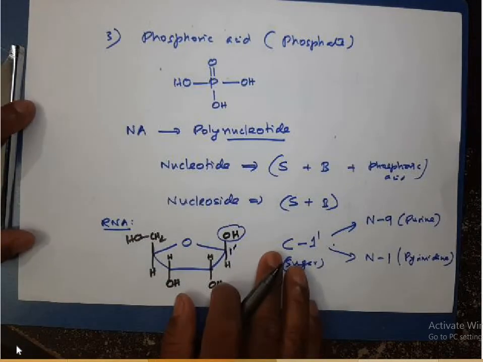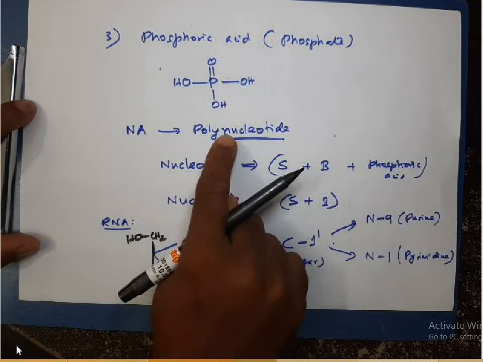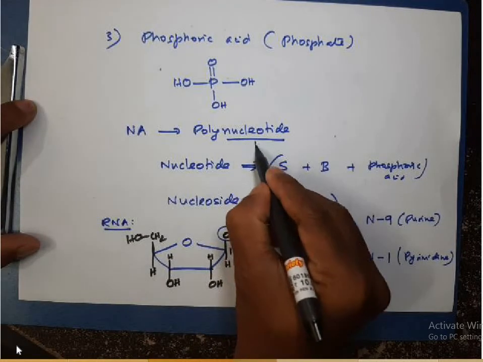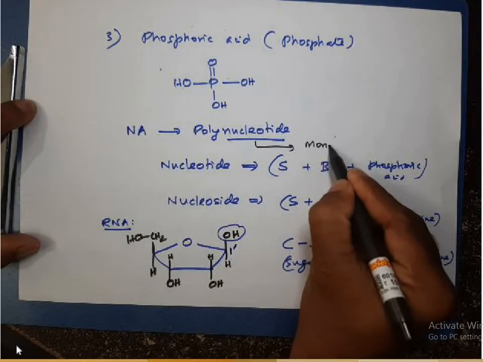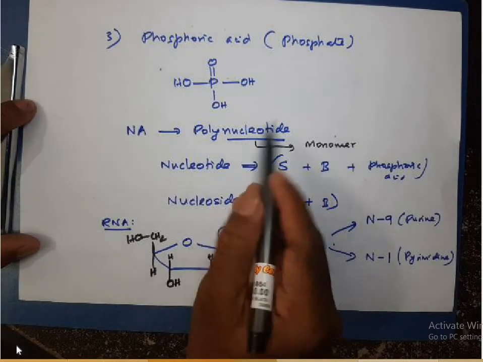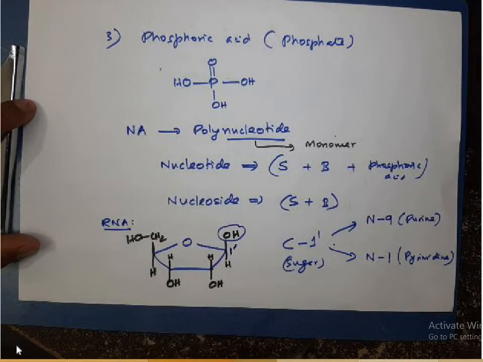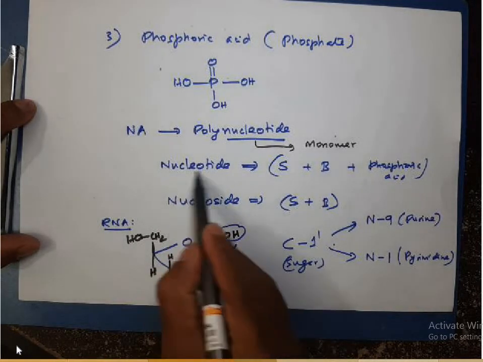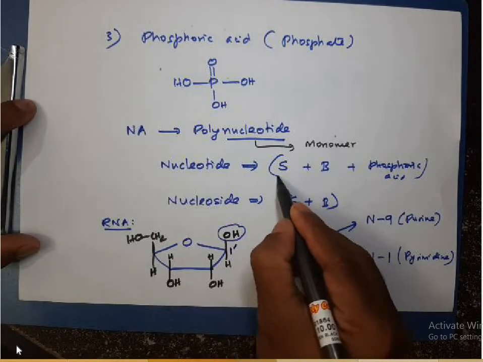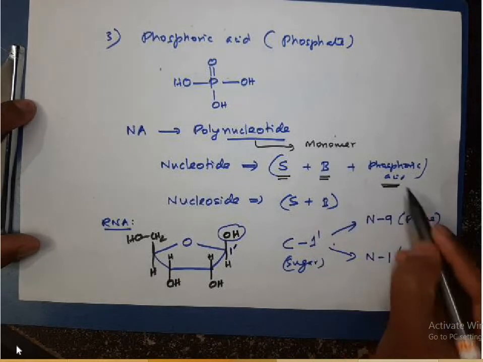Now, nucleic acid, I have told you, it's nothing but polynucleotide. And the nucleotide is the monomer unit. Many nucleotides join together and you will get what is called polynucleotide. What is a nucleotide? What is meant by one nucleotide? One nucleotide contains one sugar molecule, one base molecule and one phosphoric acid.